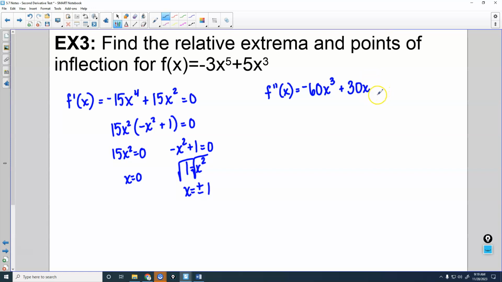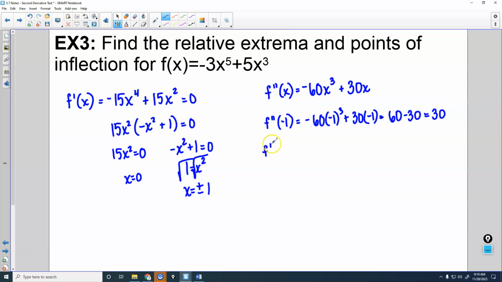And so now I have to find f double prime of all of my critical points. So I'm going to do negative 1. We'll get negative 60 times negative 1 to the third plus 30 times negative 1. That is going to give me positive 60 minus 30. So I get 30 for that.